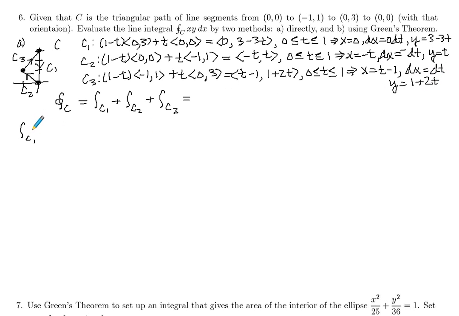Alright, so the integral along C1, our xy dx is going to be 0 times 3 minus 3t, and then times 0 dt.